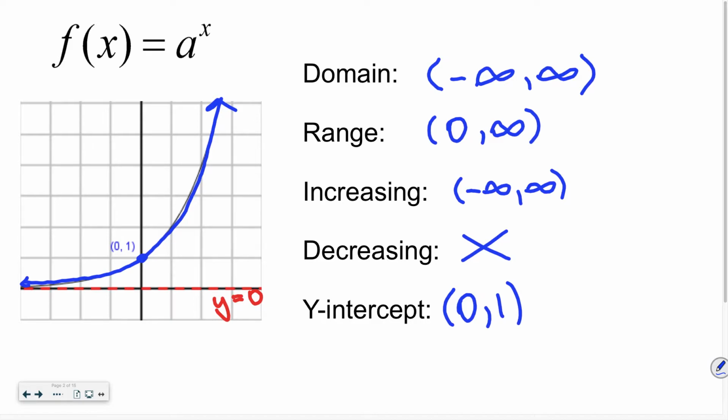Okay. Now, have a discussion with your pod. Just take like 15 seconds. If I change that to a to the negative x, what's going to happen? Talk about it first.